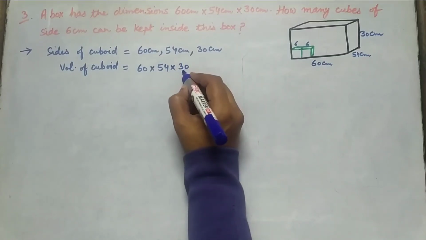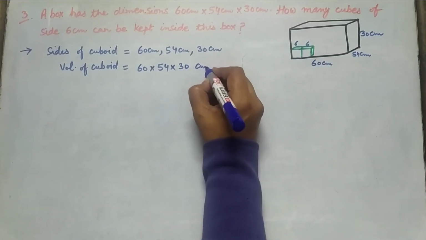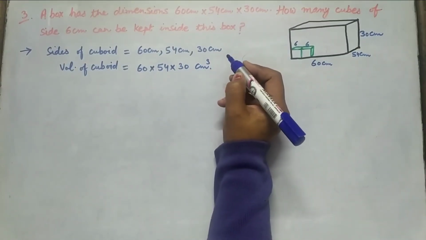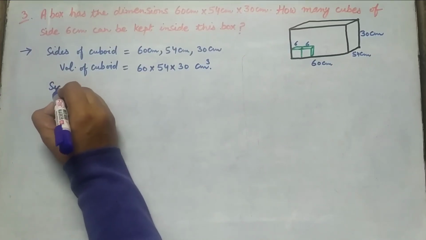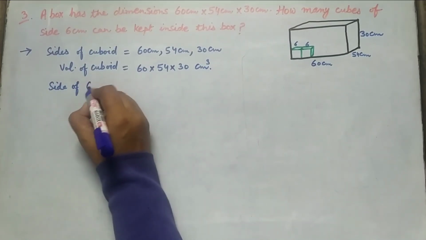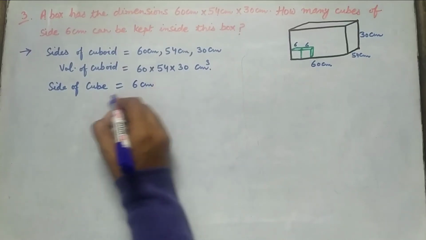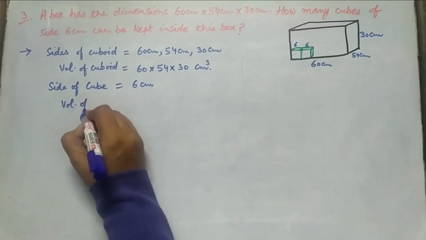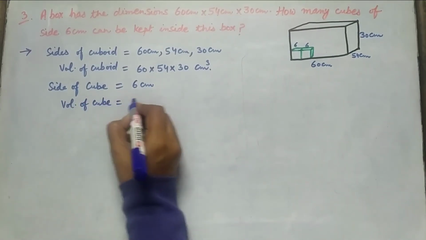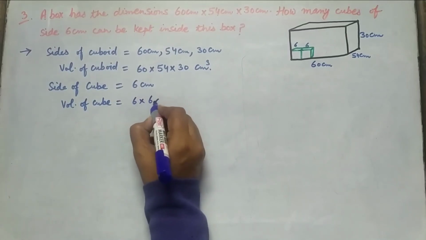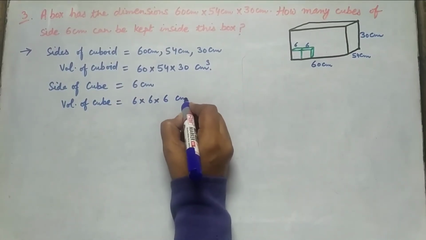We are keeping it as it is, and the dimension is centimeter cube. Similarly, the side of the cube is 6 centimeter, and therefore the volume of the cube will be 6 multiply 6 multiply 6 centimeter cube.